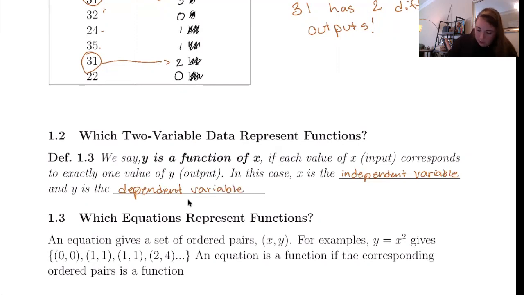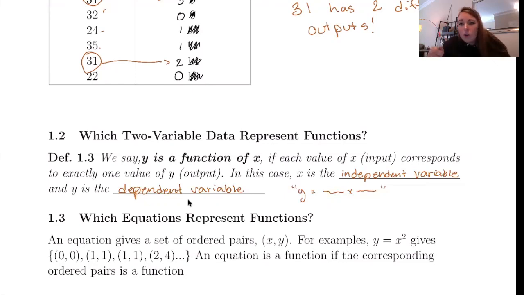So when y is a function of x, that would look like a y equals, and then something with x involved, and then something else. Okay? So y depends on x. A common independent variable is time.